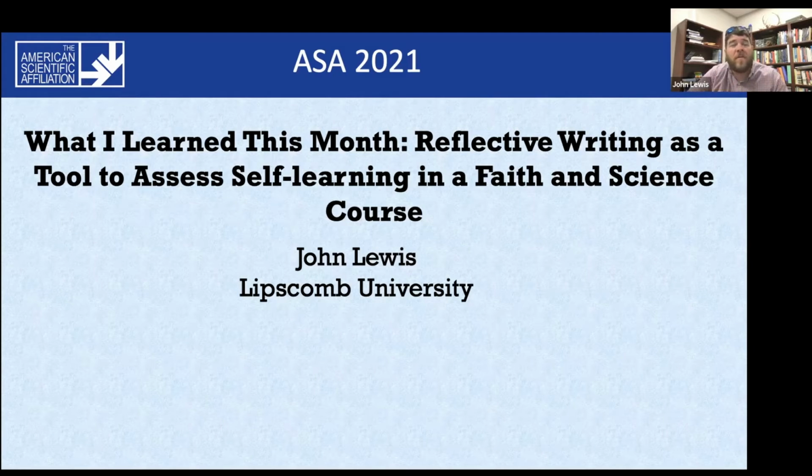But a lot of this is overwhelming for our students. They have to do a lot of reading. They don't know which parts to pick out. And so I created an assignment called What I Learned This Month to help them reflect on what they've been learning and how they've come to know that in this particular course.